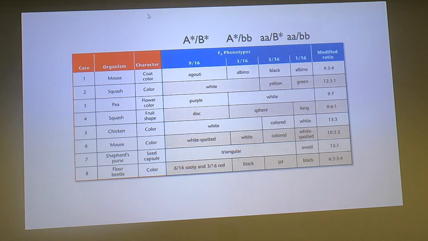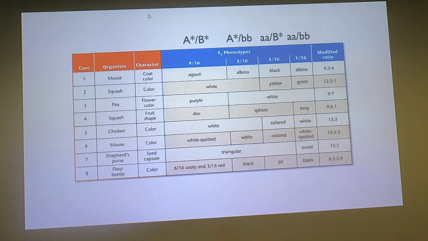And over here, the 3/16 means you've got a big A at one locus, and we don't care about the other, and we've got little b. So you've got the dominant recessive arrangement. The other 3/16 is recessive dominant. And the 1/16, you've got recessive. So just visualize that in your head. That will help puzzle out these different ratios.